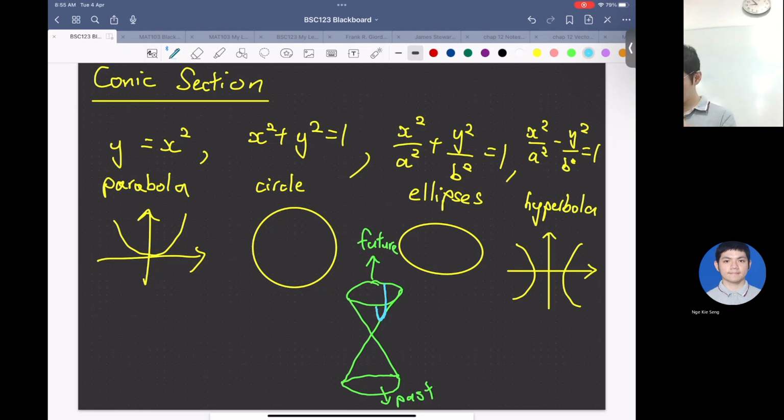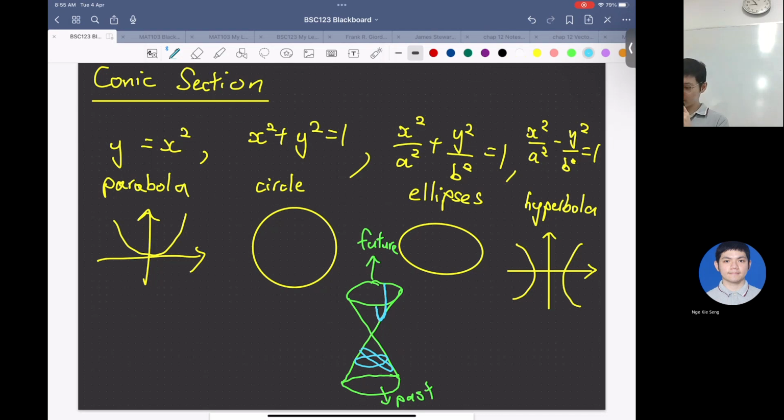How about the circle? For a circle, you just slice horizontally. How about the squished circle, ellipse? You slice a bit off horizontally. Ellipse. Hyperbola is like two parabolas, right?